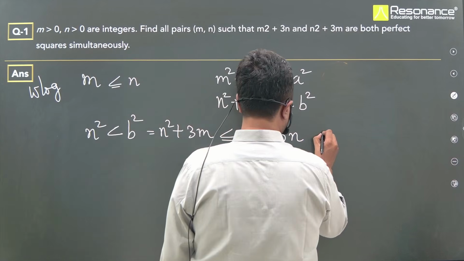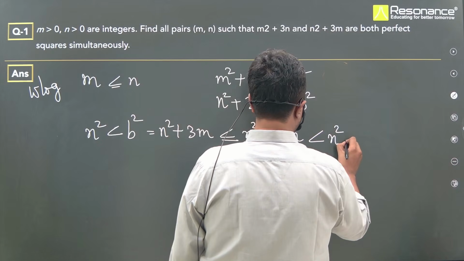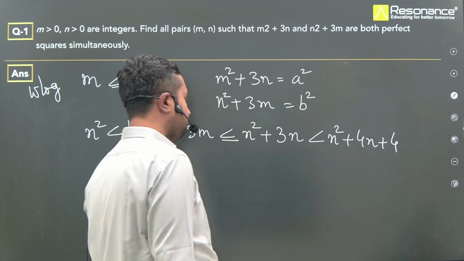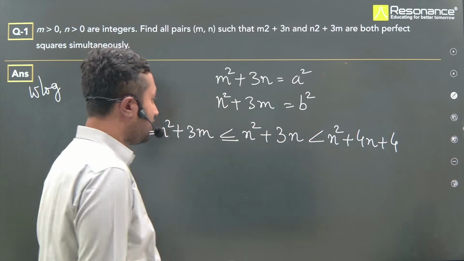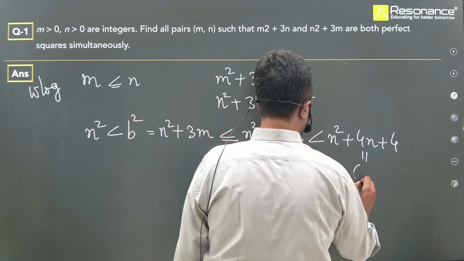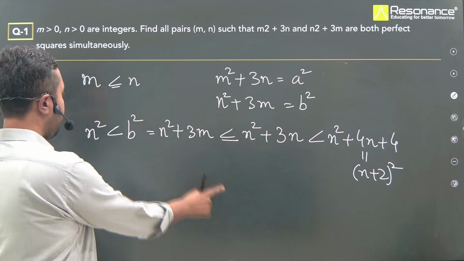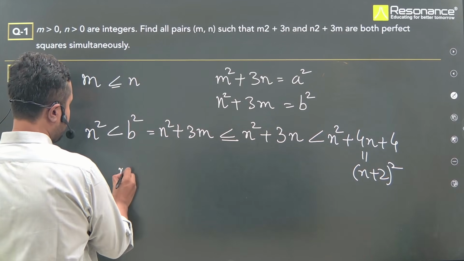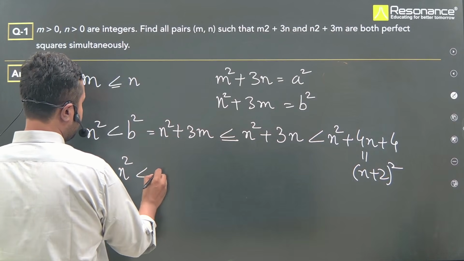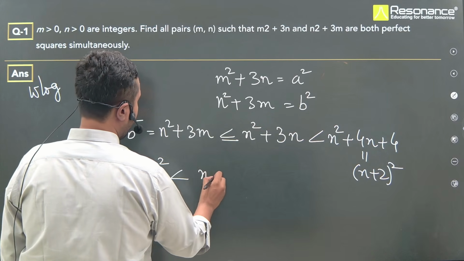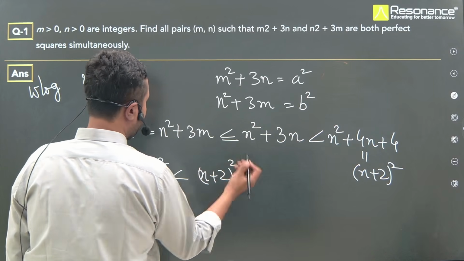And that, by the way, is strictly less than N square plus 4N plus 4. Well, why am I thinking about that? It's because that's a perfect square. That's N plus 2 whole square. So what do we have? We have a chain of inequalities that says N square is less than B square, and that is less than N plus 2 whole square.